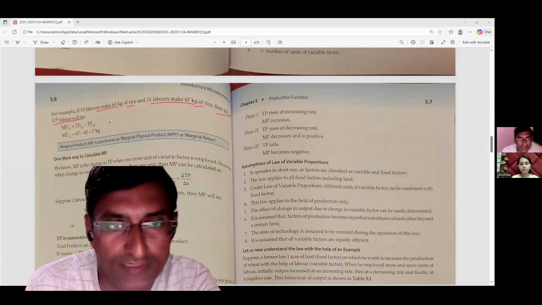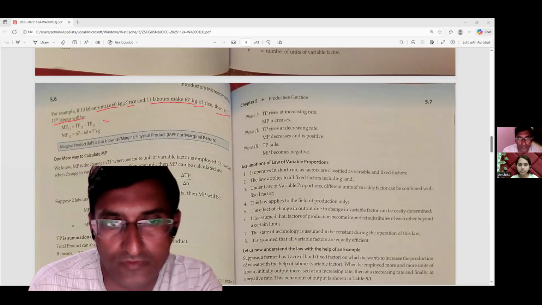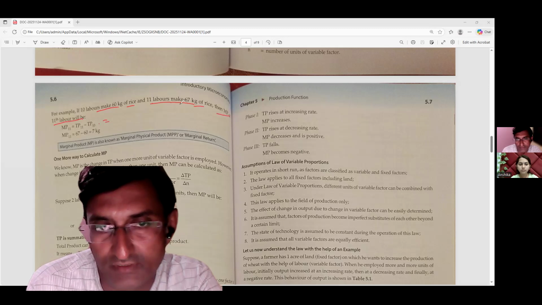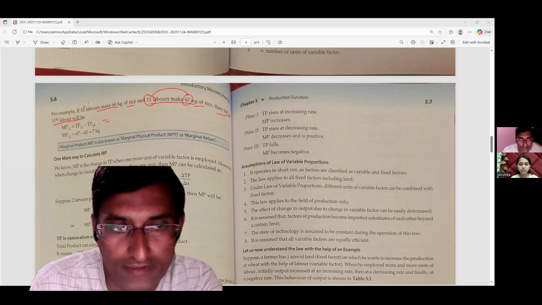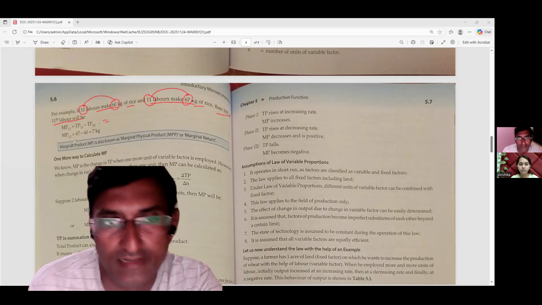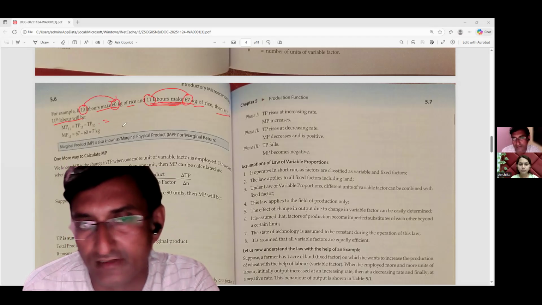See, MP11 means what? Marginal product. They manufacture 67 kg with the help of 11 laborers, and they make 60 kg of rice with the help of 10 laborers. This situation is called marginal, additional.